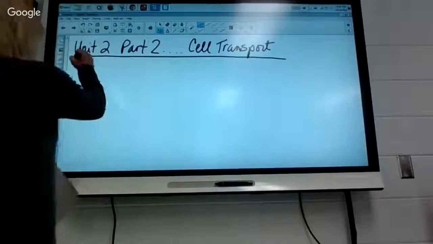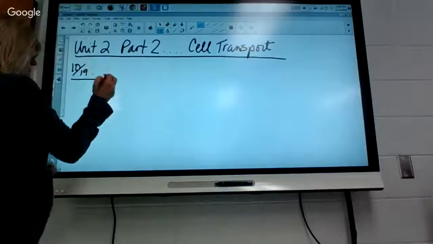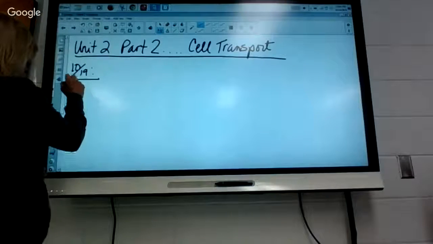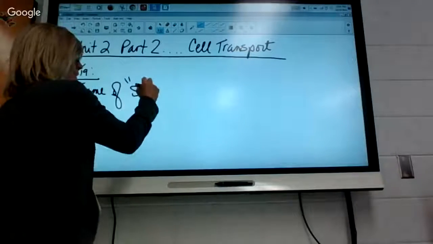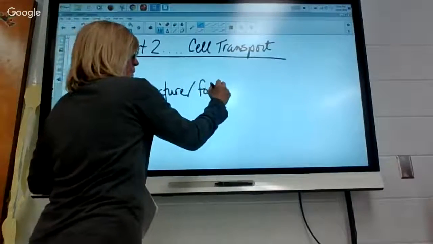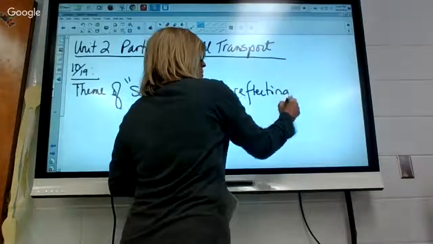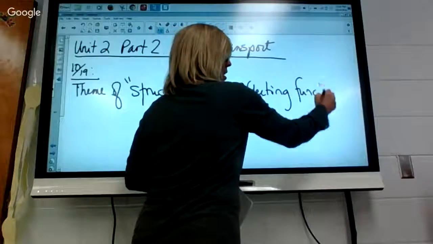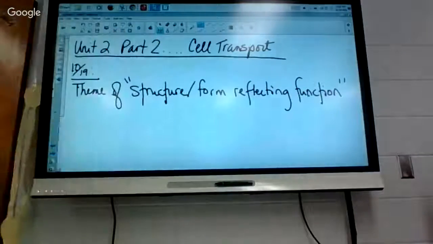So the cell membrane, there's this theme of structure reflecting function. Structure or form reflecting function. You're going to see this all through biology. Will this be notes?